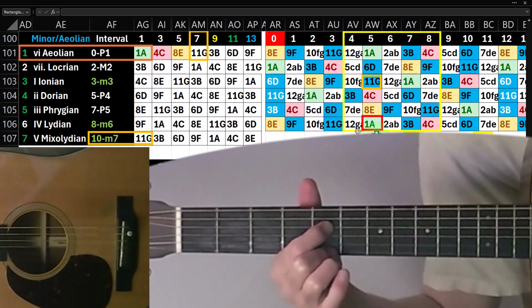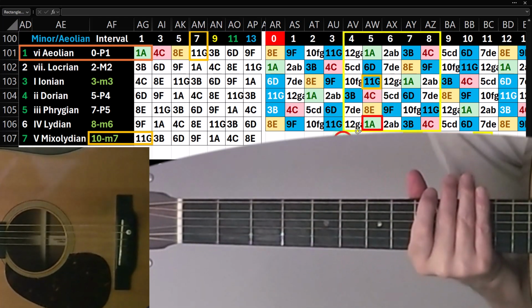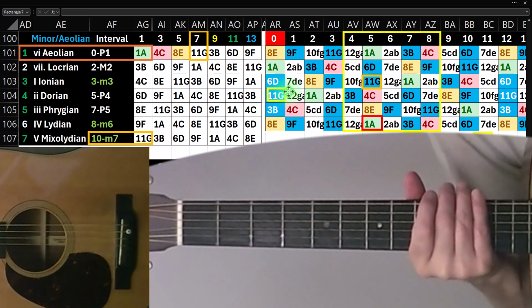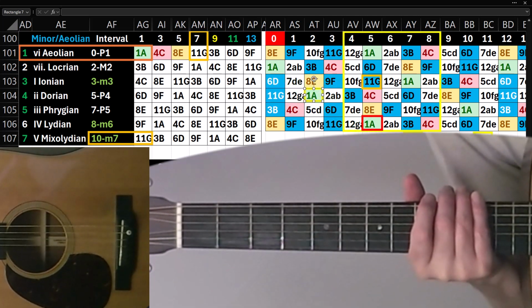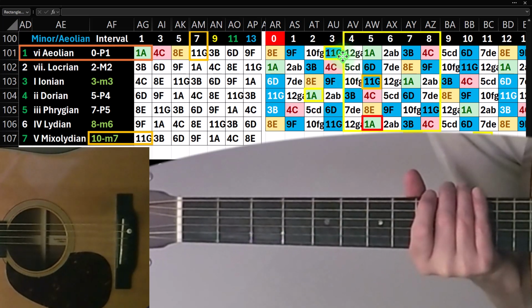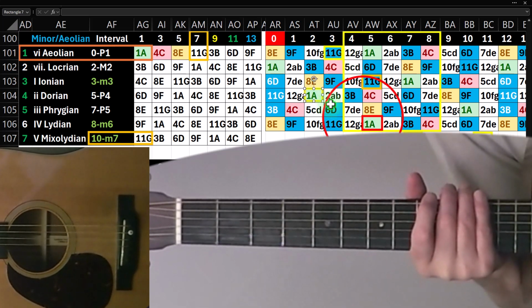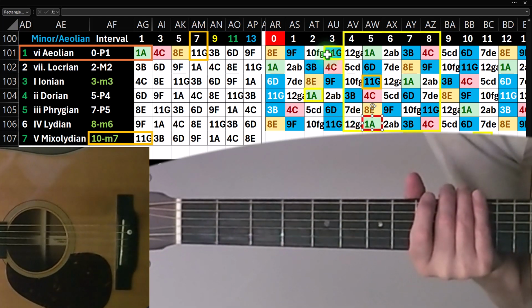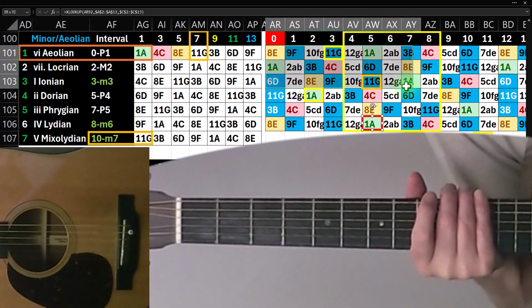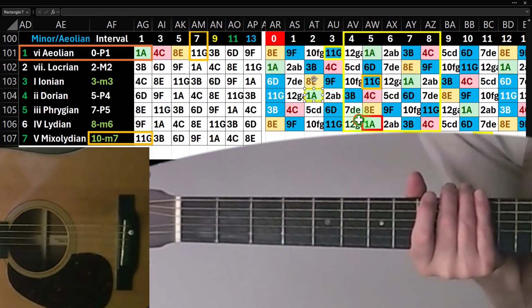So if I go up 3 strings and cross the fault line, the 10-note away minor 7 is on the same fret, but I wouldn't cross the fault line if I was on the G string. So if I was here and I went up 3 strings, it would be here. So you can see what happens from the perspective of the root position. If I move it where I have to cross the fault line, this tectonic plate shifted to the left from my perspective of where I'm measuring from.